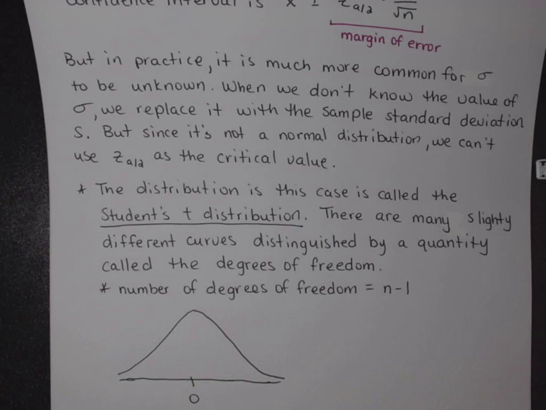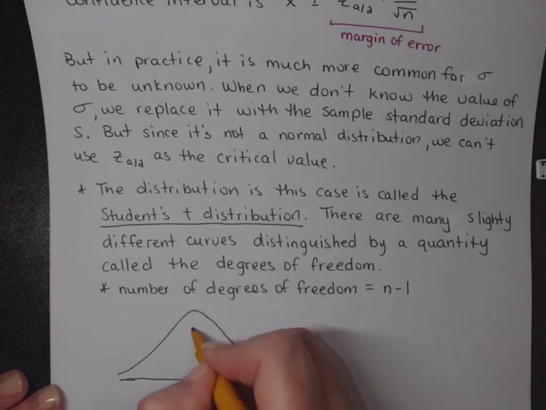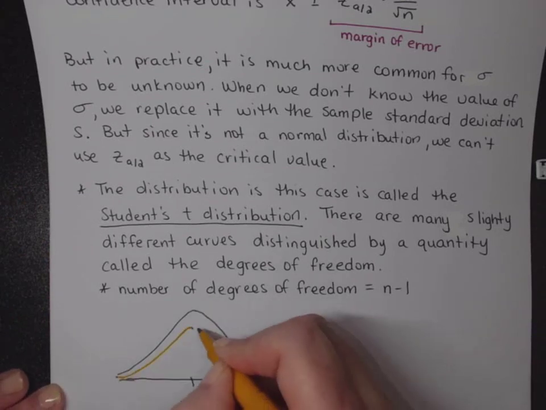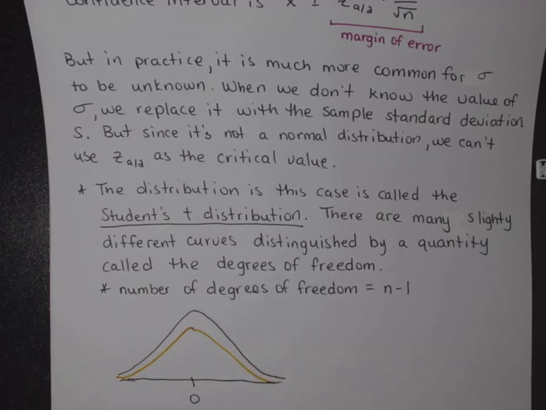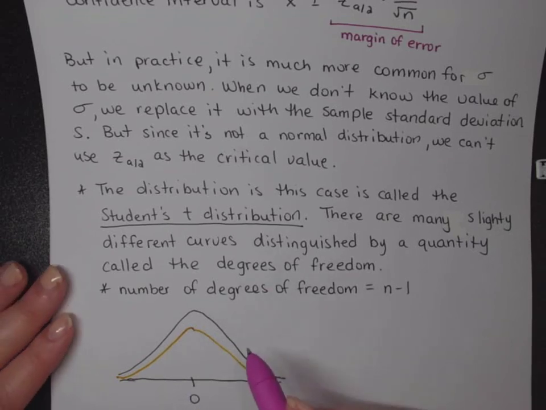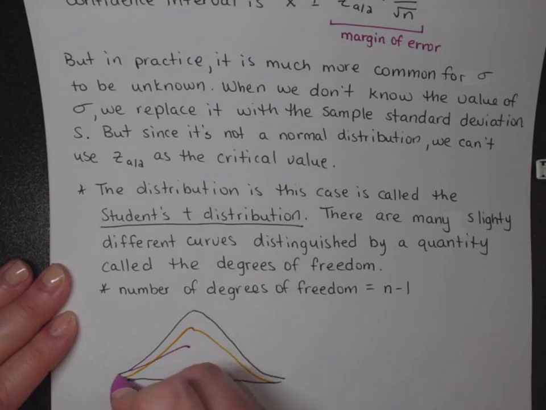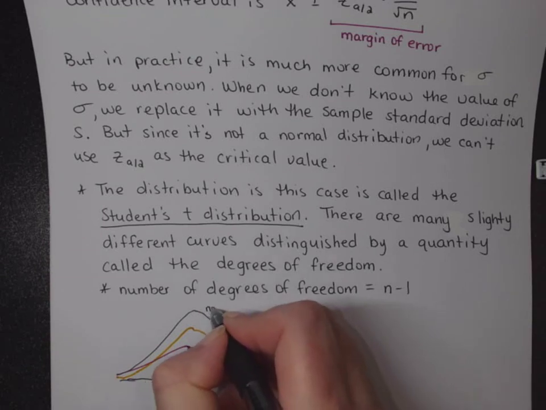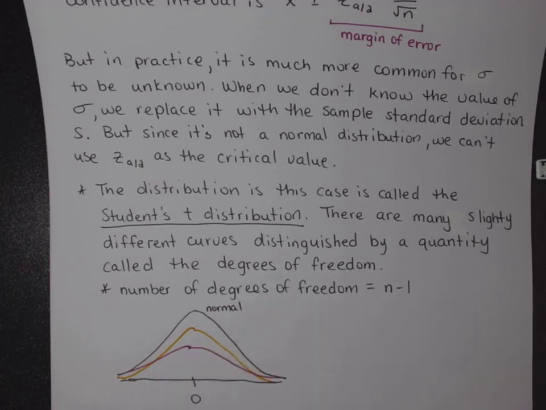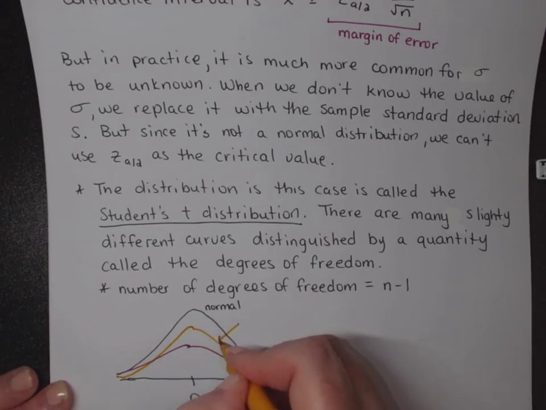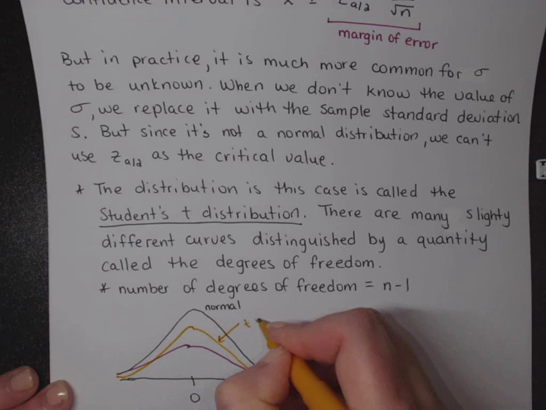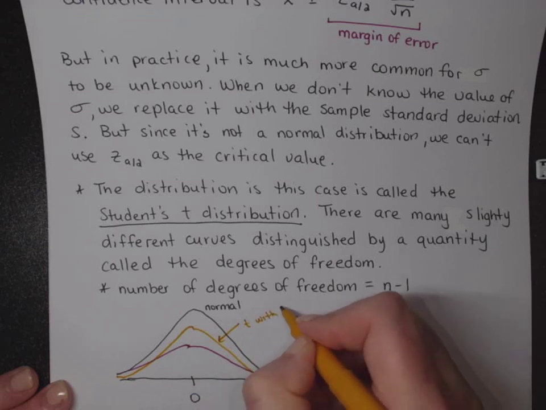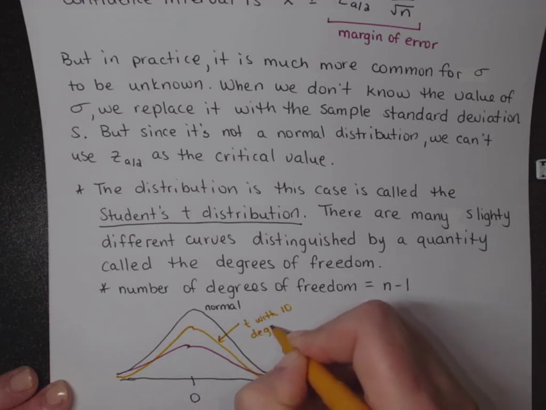Okay, but then we might have a bell type curve that maybe has a different height and width. And then we might have another one that has a similar layout but a different height. So while this one is a normal curve, this one might be a T with 10 degrees of freedom.